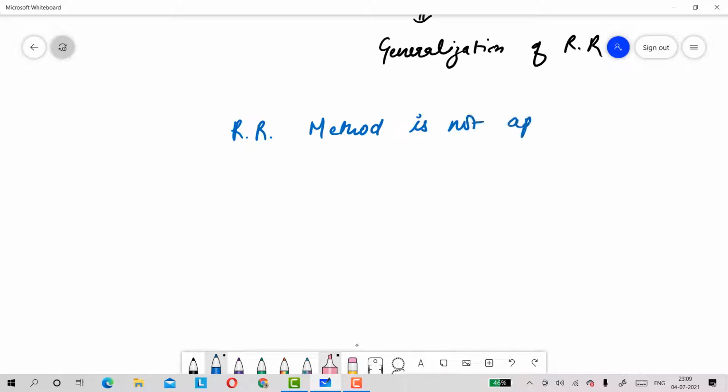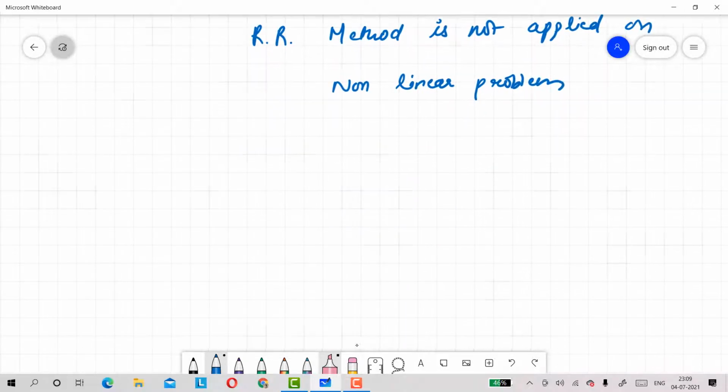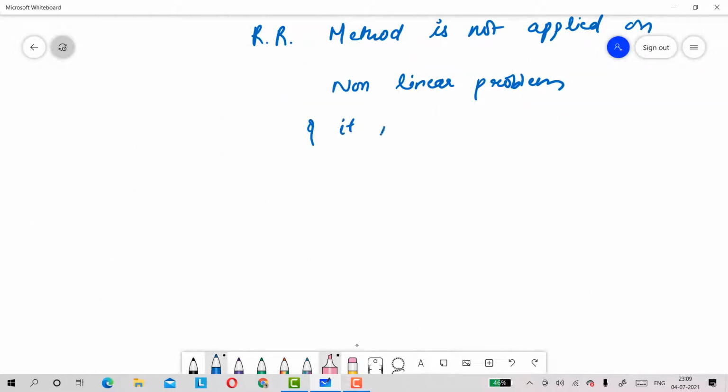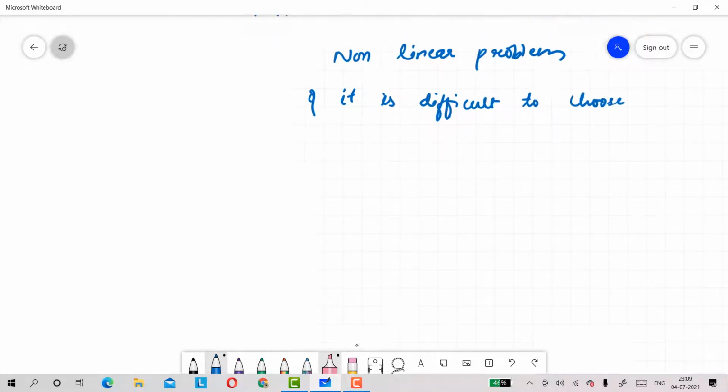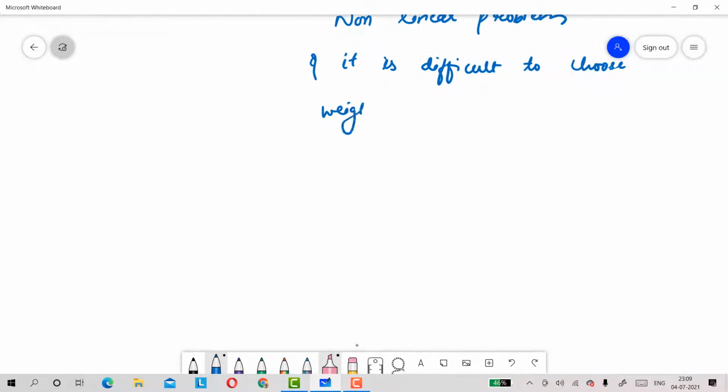Okay, so basically what happened, the Rayleigh-Ritz method is not applied to non-linear problems, and it is difficult to choose the weight function in the Rayleigh-Ritz method.